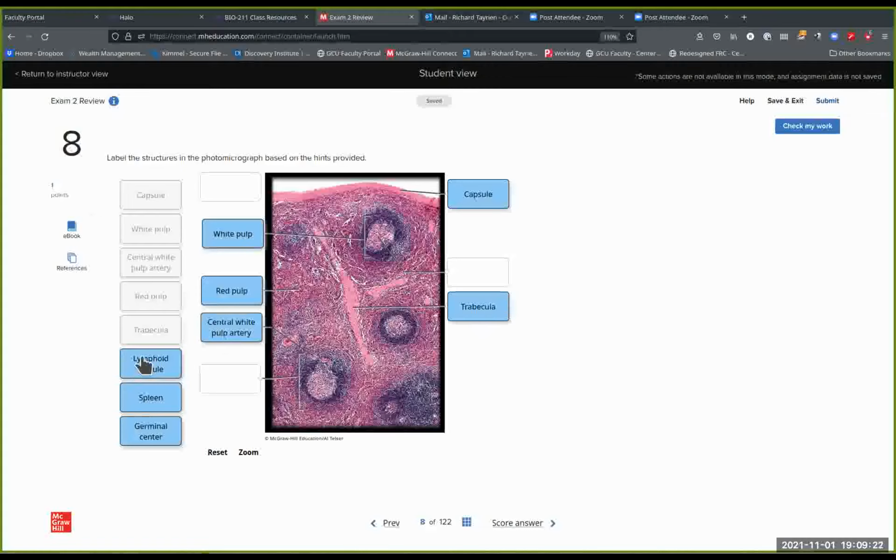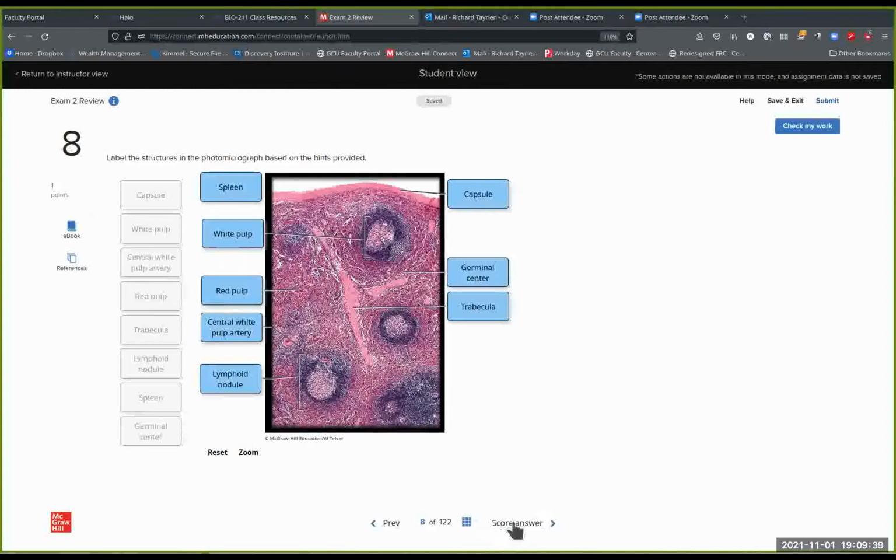Trabeculae, lymphoid nodule, germinal center, and this is spleen.